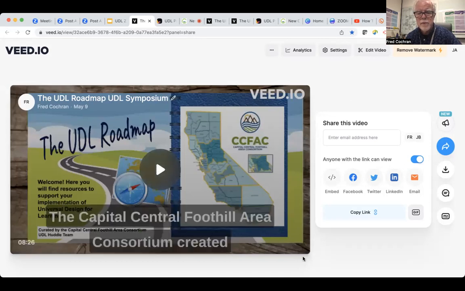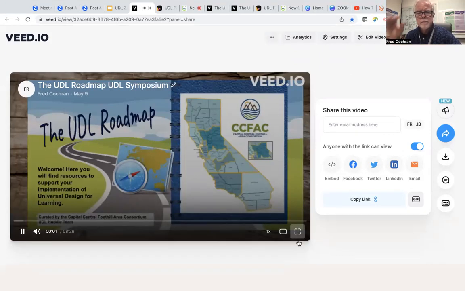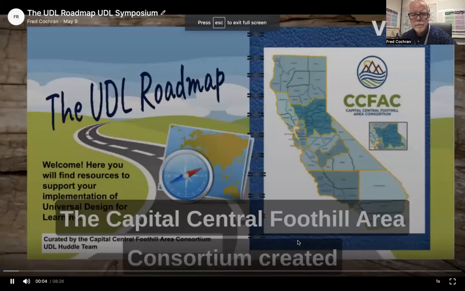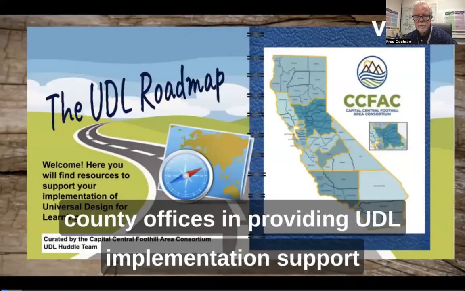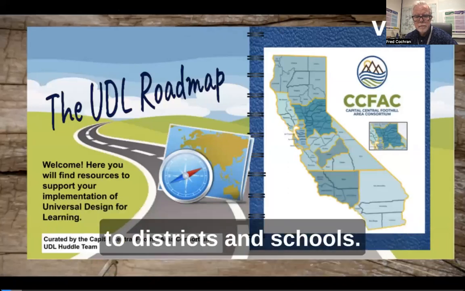I'm going to play just a few seconds of this so you can see what I'm talking about. Here we go. The Capital Central Foothill Area Consortium created and developed the UDL Roadmap to assist county offices in providing UDL implementation support to districts and schools.